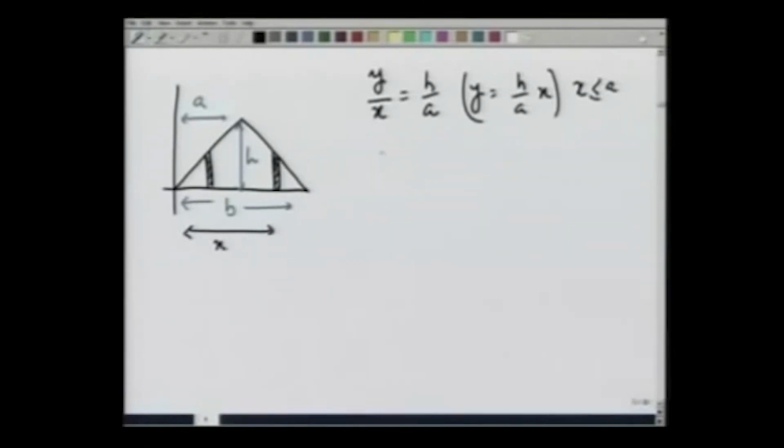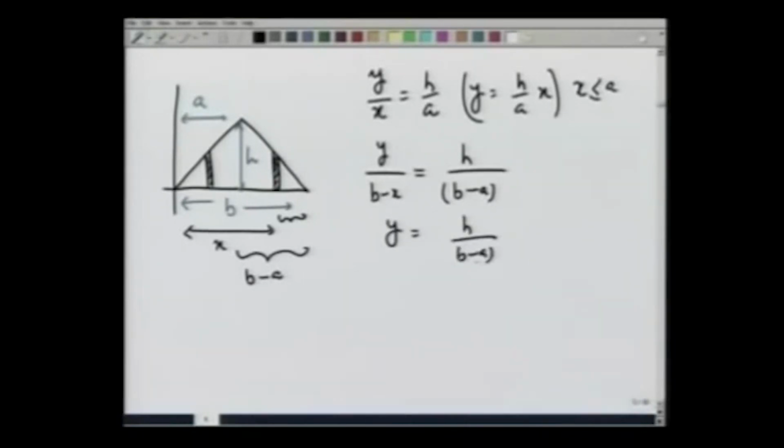So, y divided by b minus x, that is this distance, is going to be equal to h divided by b minus a. b minus a is this distance, and therefore, y equals h over b minus a times b minus x.